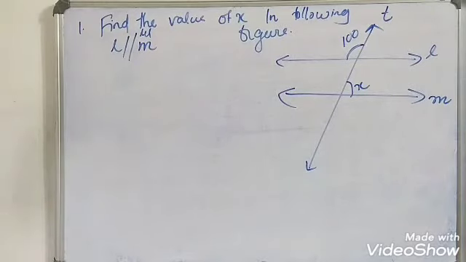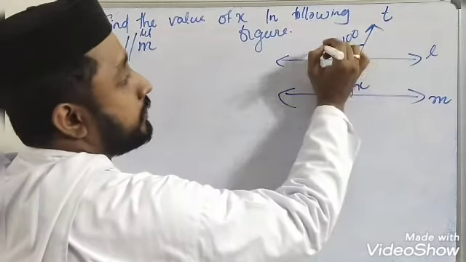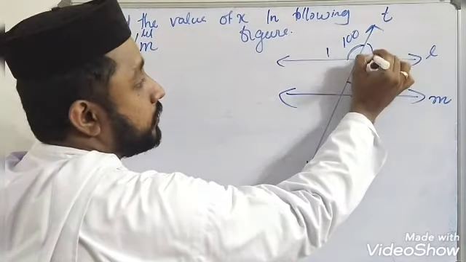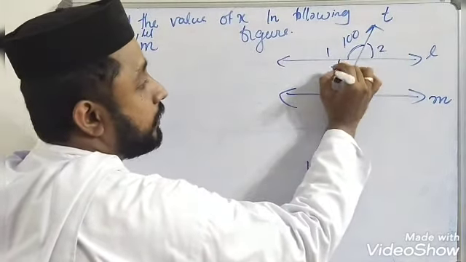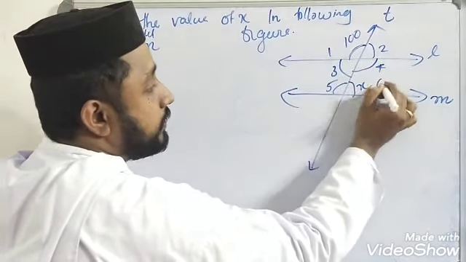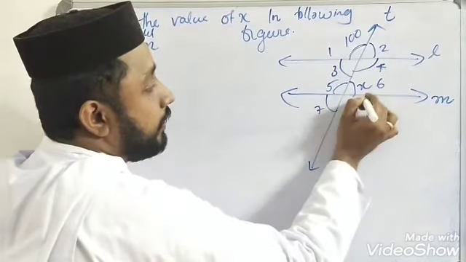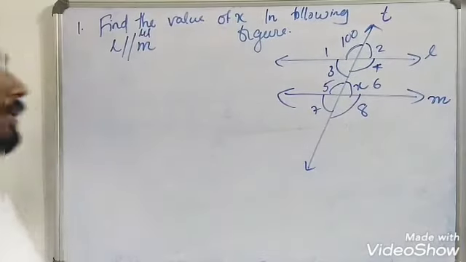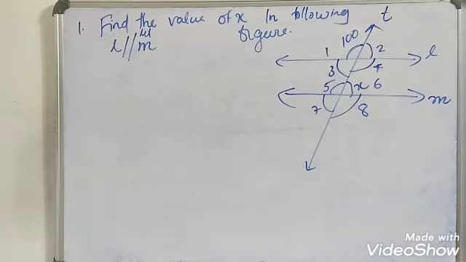We can label the angles 1, 2, 3, 4, 5, 6, 7, 8. These are the 8 angles when two parallel lines L and M are cut by a transversal.